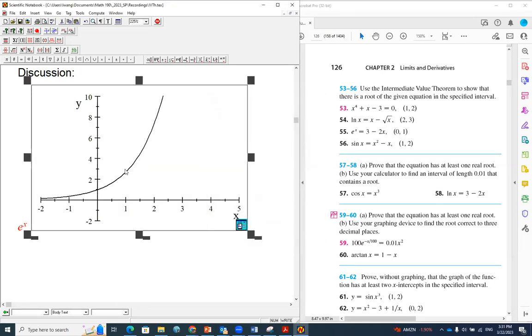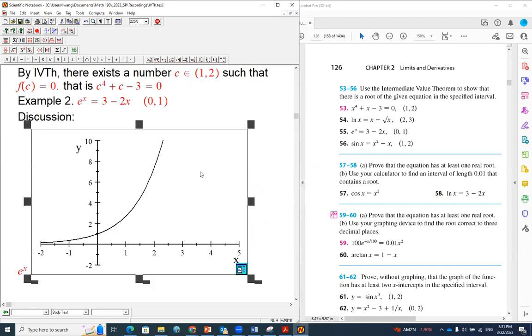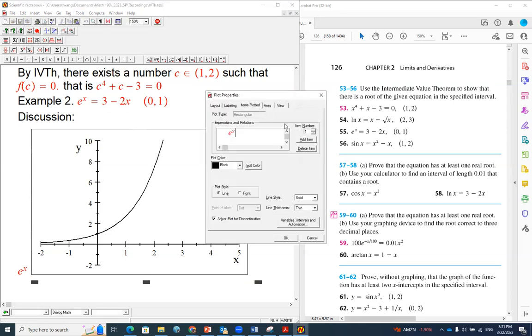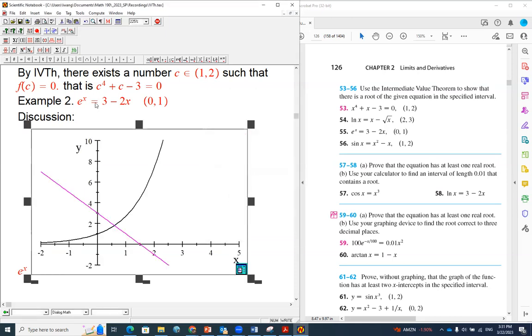So that's the curve e to the power x. And how about the other curve, 3 minus 2x? I'm going to use a different color, say purple. So this equation is about finding the point of intersection between these two curves.